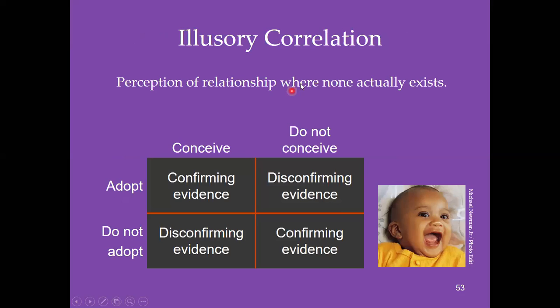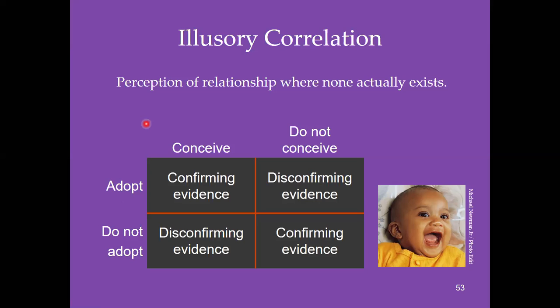Now, one of the things, kind of harking back to how people evaluate information and why we need science again, is that illusory correlations have to do with that confirmation bias we talked about earlier. There used to be this idea that couples who wanted to have a child but were unable to conceive would become more likely to have their own child if they adopted.